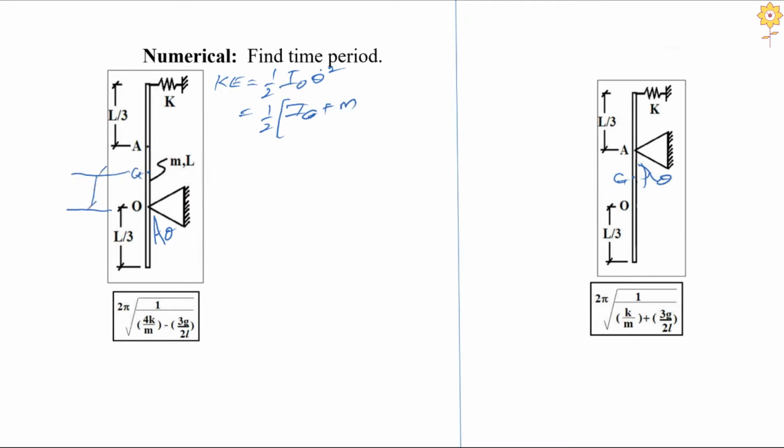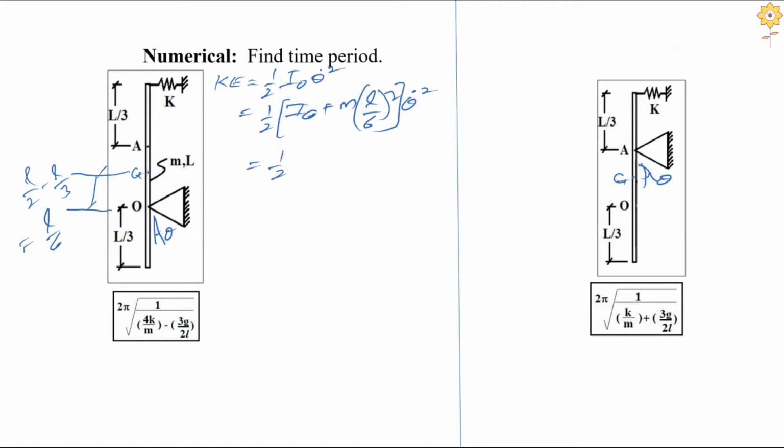What is that here? So from G to the end it is L by 2 minus this L by 3. So L by 2 minus L by 3 is how much? That should be 3L minus 2L upon 6, that is L by 6, right? So it is L by 6 squared. So I am trying to apply the parallel axis theorem, right?